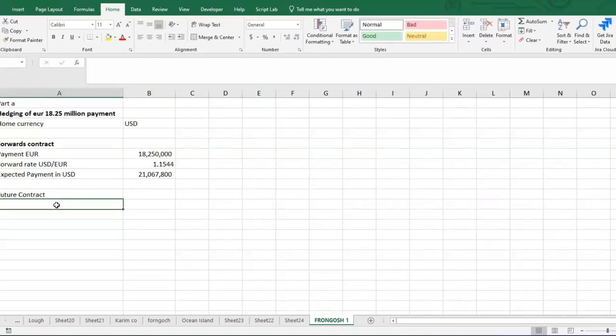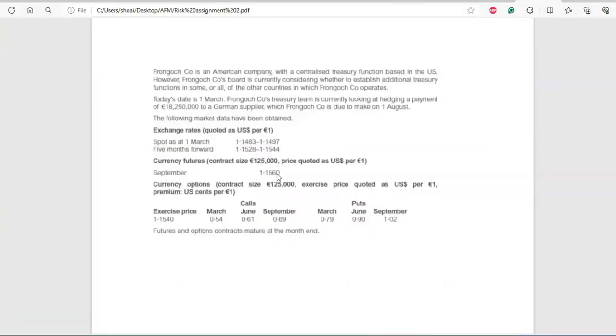Okay. Expect payment in foreign currency, which we already know. What is the second step, by the way, guys? Deciding to buy or sell future. So the contract size in euros, and we have to buy the euros. Why? Because we have to pay in foreign currency.